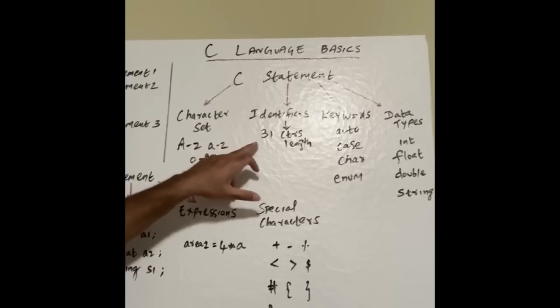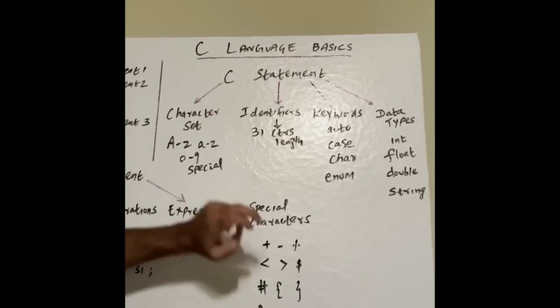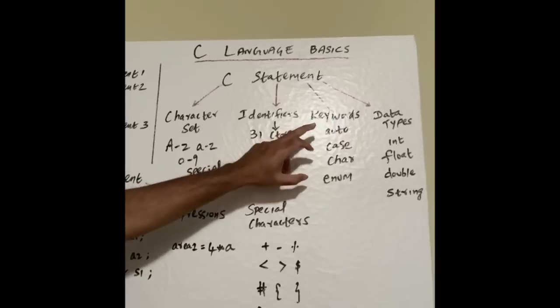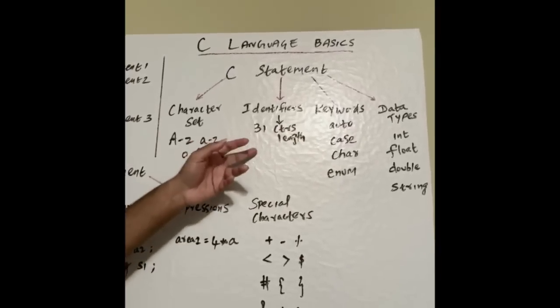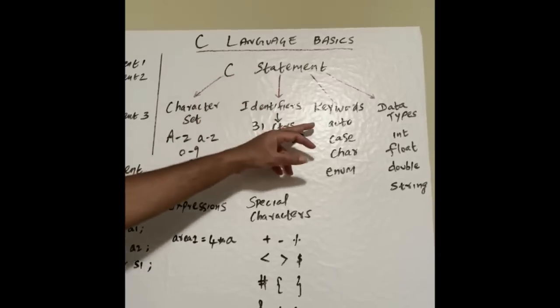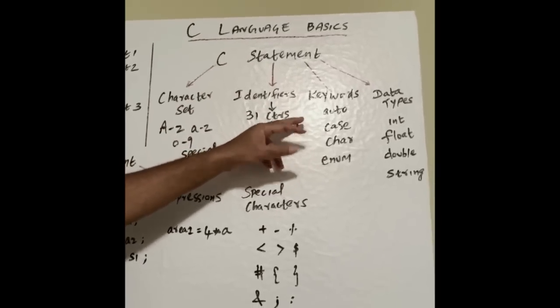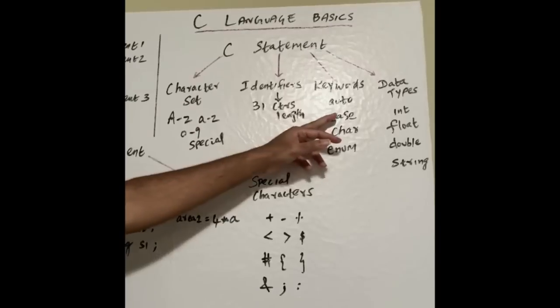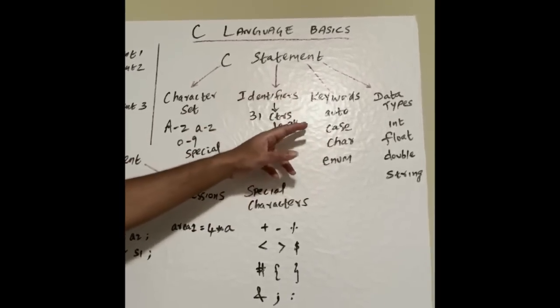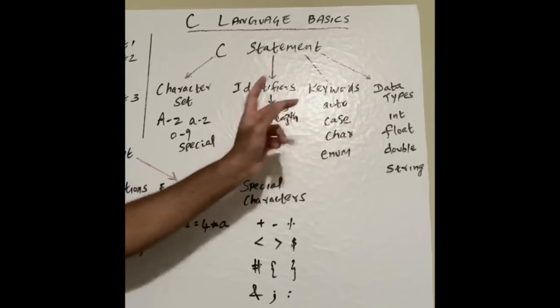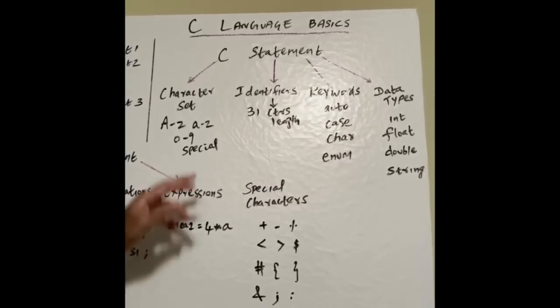The maximum allowed is 31 characters. Some keywords are there which we cannot use in the definition of the identifiers because the C language owns all these keywords. For example, you cannot declare a variable called auto because it is part of the C language. It will get confused. So you have to put something like auto1. We'll see all this in the next lesson.